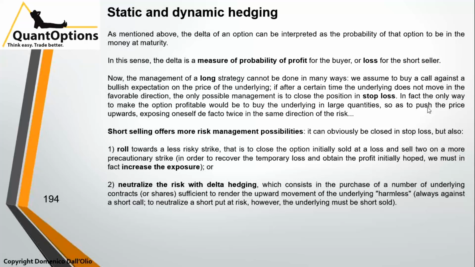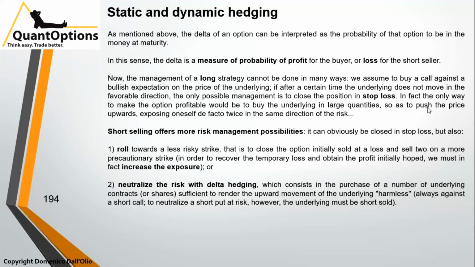Short selling offers more risk management possibilities. It can be obviously closed in stop loss, but also one we can roll towards a less risky strike. That is, we close the option initially sold at a loss, of course, and we sell 2 on a more precautionary strike. This because in order to recover the temporary loss and obtain the profit initially hoped, we must increase the exposure.